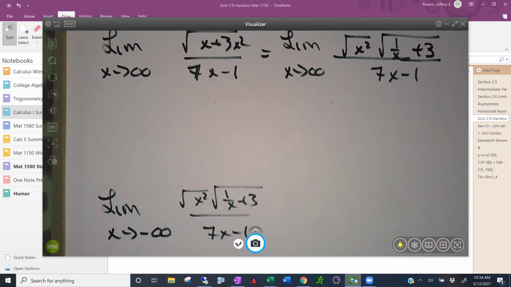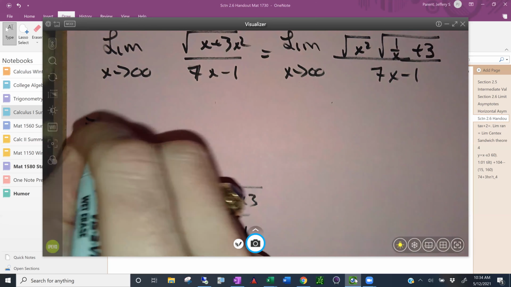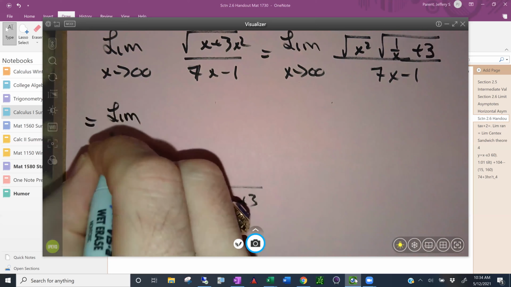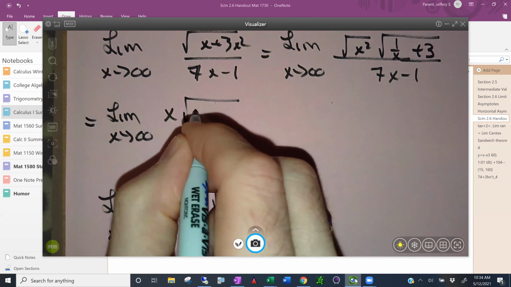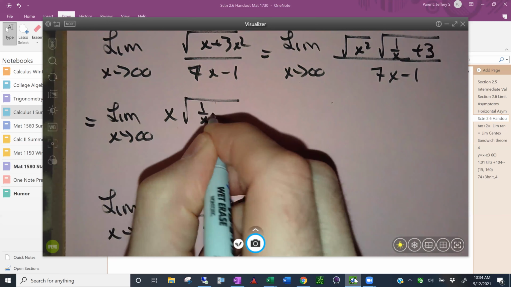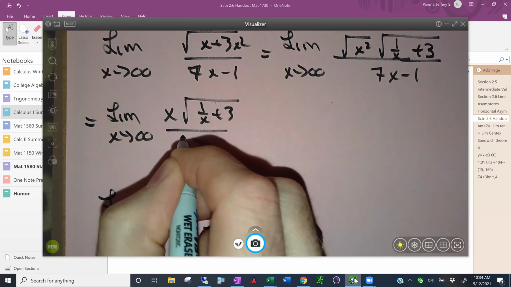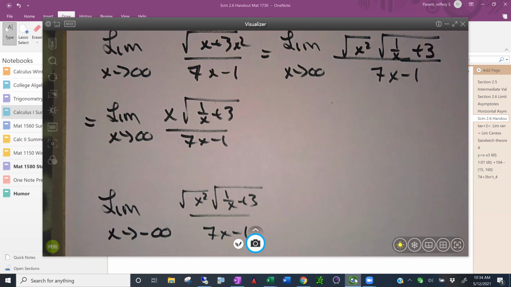Well, there's a little nuance about factoring out the x squared like this. When x is approaching positive infinity, it works out pretty nice. You're just going to get the limit as x approaches infinity of x times the square root of 1 over x plus 3 over 7x minus 1.